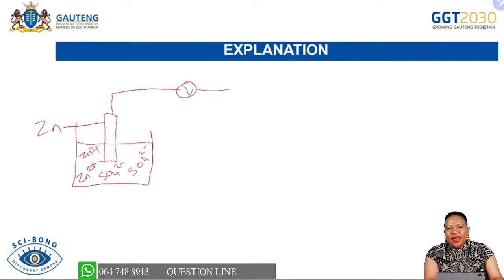So what will happen when zinc undergoes oxidation? Zinc, as it undergoes oxidation, is inside zinc sulfate, which is the non-metallic part of our circuit.